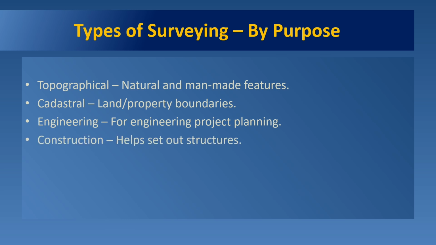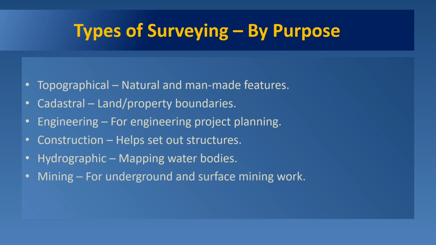Fourth, construction surveying helps place structures accurately on the ground. Second last, hydrographic surveying. Hydrographic surveying is used in rivers, lakes, and oceans. And the last, mining surveying. Mining surveying is for underground tunnels and mines.